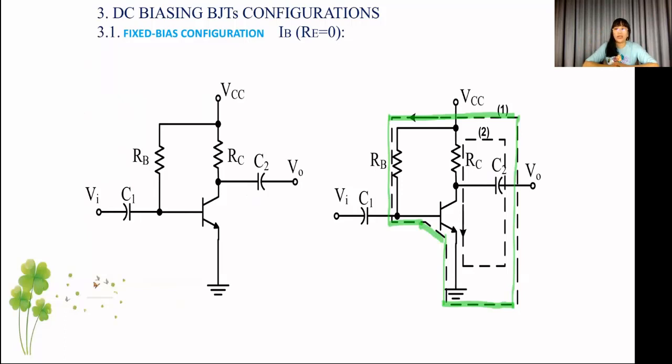And now I would like to introduce the first DC biasing BJT configuration. Please, you write down for yourself. This is DC biasing. You can write it out for the first.